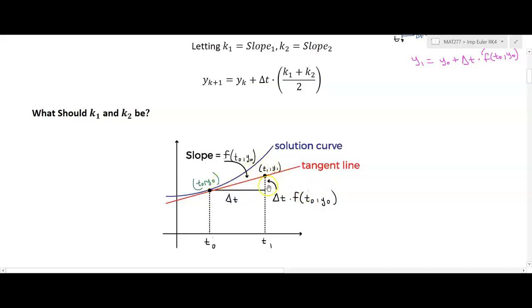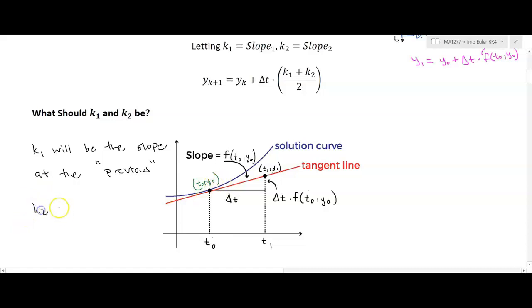Well, let's just entertain this idea that k1 will be the slope at the "previous" point. And I'll put previous in quotes, because what I mean by previous in this drawing is t0, y0.